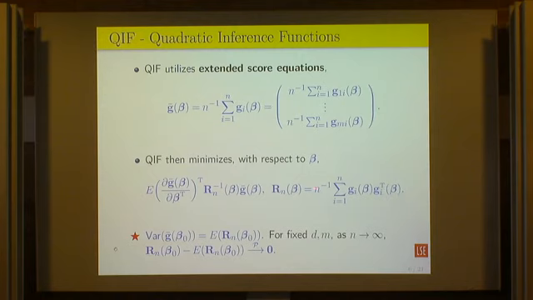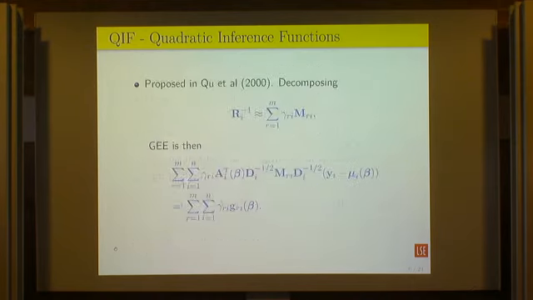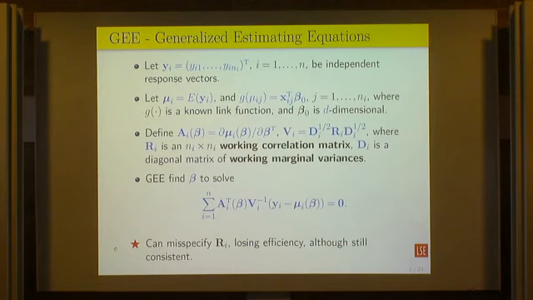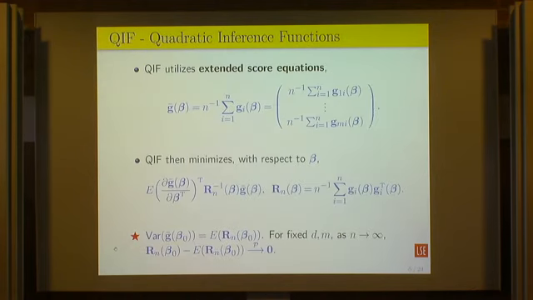So we are optimally weighting each equation if we solve the whole system like this. So going from the GEE, whose equations may not be optimally weighted, to this QIF, a different set of equations, you are optimally weighting those equations. QIF is this idea.